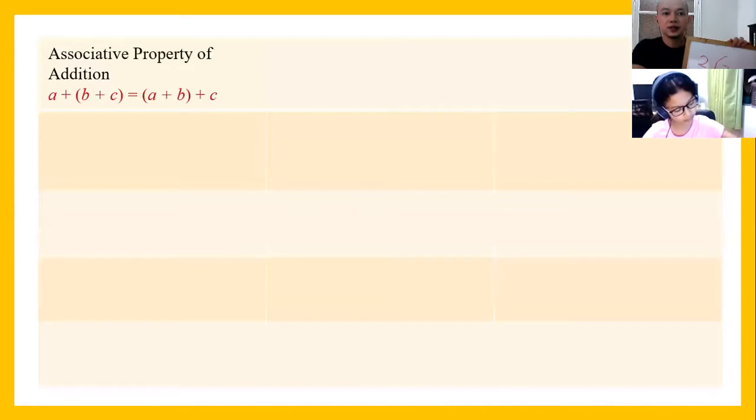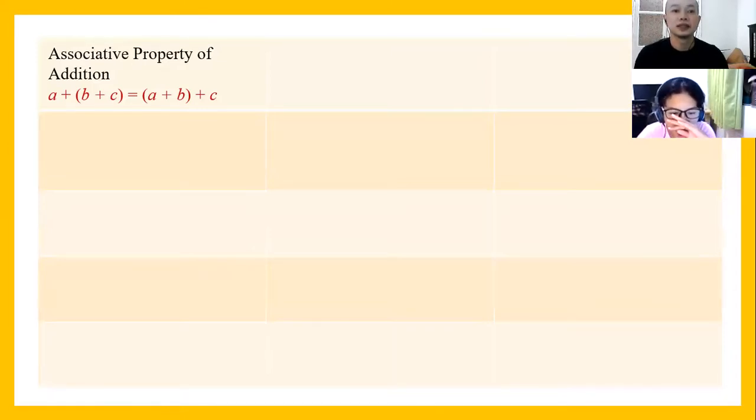All right, what is this? Can you read? Associative property of addition. A plus B plus C equals A plus B plus C. So that is with addition. Anywhere you put the groupings, it will not affect the value.